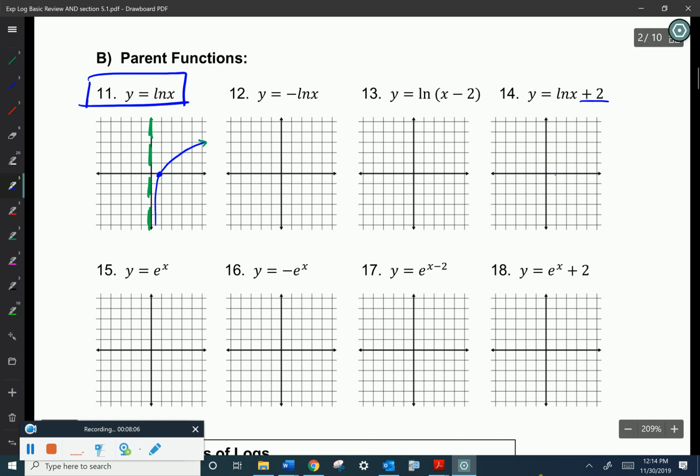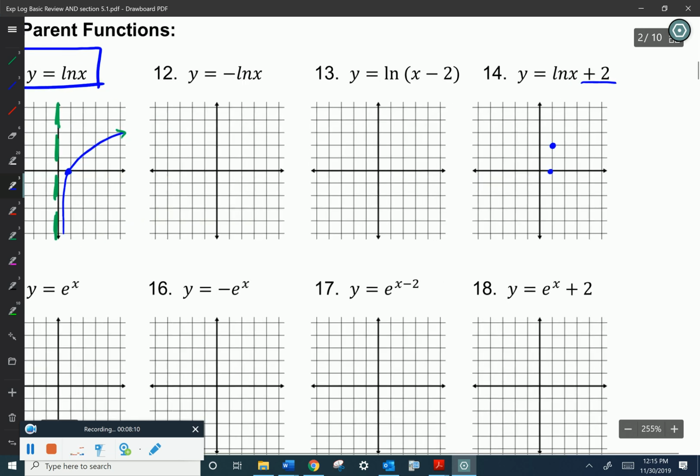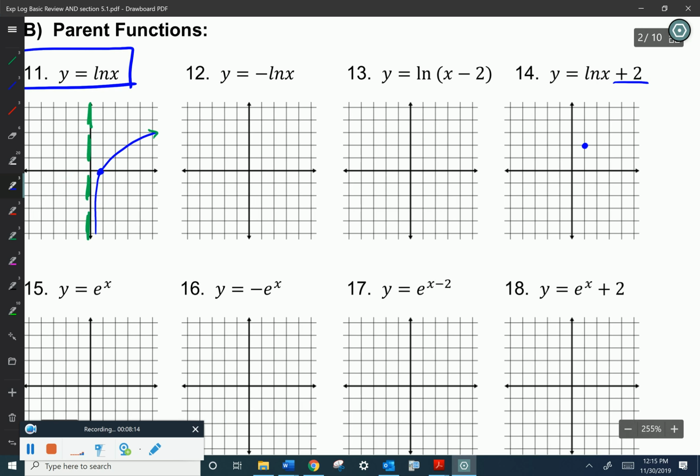So the point that was right here is going to be raised up 2. It's going to go through right there. So no longer do I have that one. And if all I did was raise it up, I haven't changed the asymptote. So the y-axis is still the vertical asymptote. And if I were to draw that shape, that same basic shape, there it is.